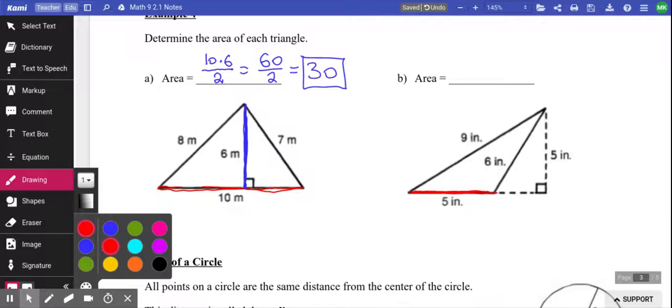So the height is actually outside of the triangle. This is the height over here in blue. That's my height. And so it's sometimes hard to tell what the base and the height are. In this case, it's 5 times 5 divided by 2. That's 12.5 if you put it in your calculator. Base times height divided by 2.